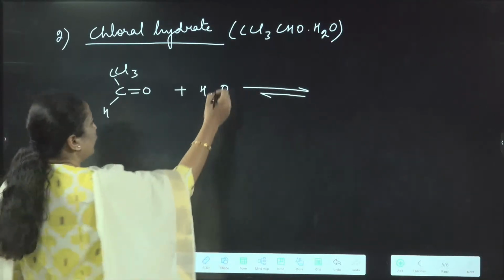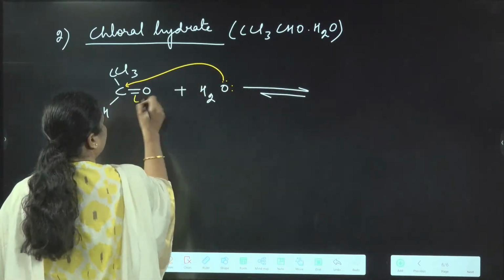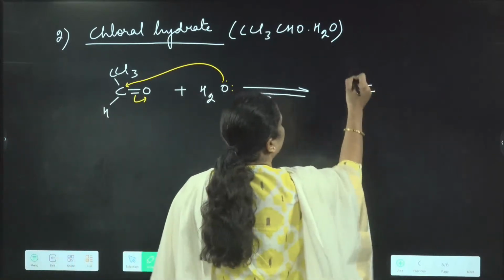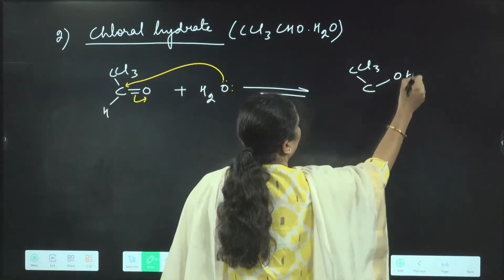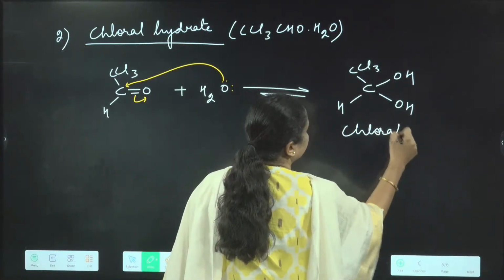So here the nucleophile is going to attack at its delta plus center, which is this carbon, and this is going to move like this. So you are going to have CCl3, OH, OH and H. This is chloral hydrate.